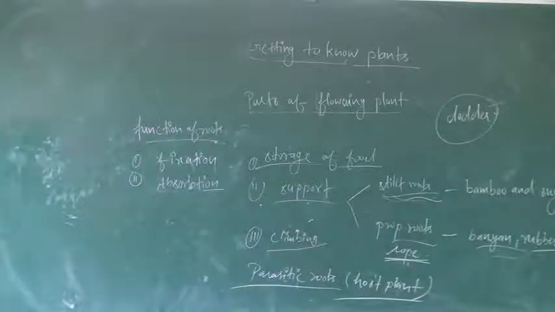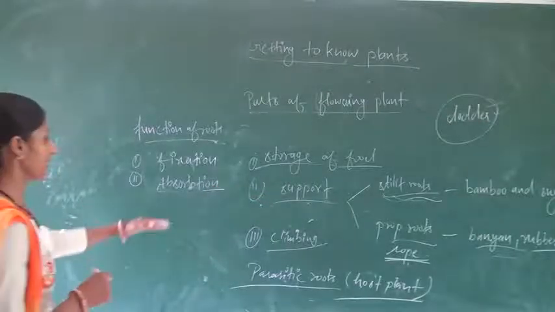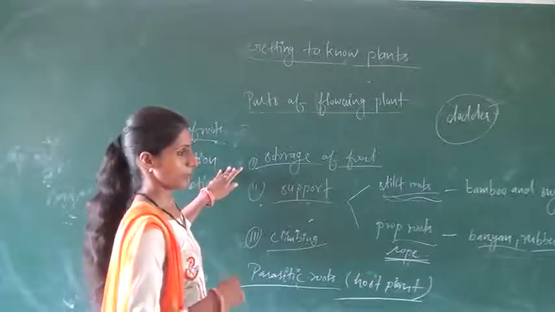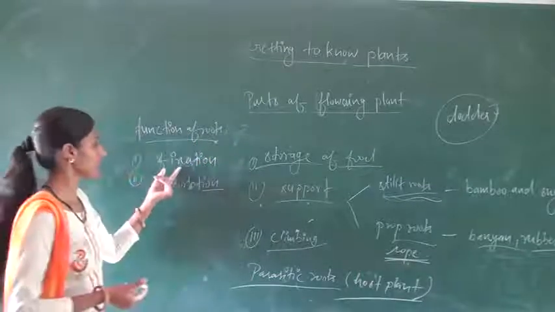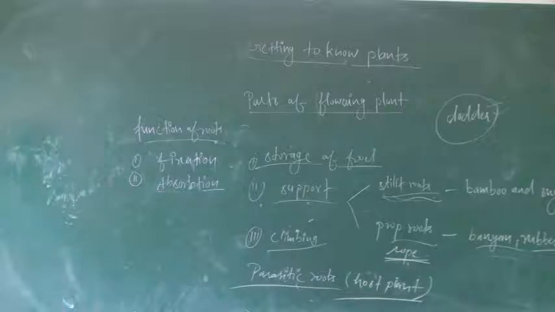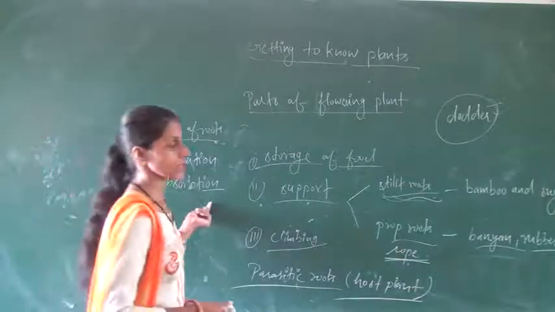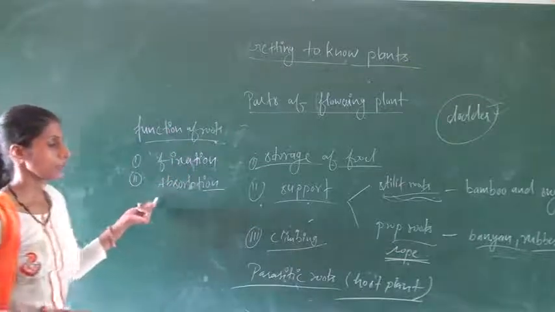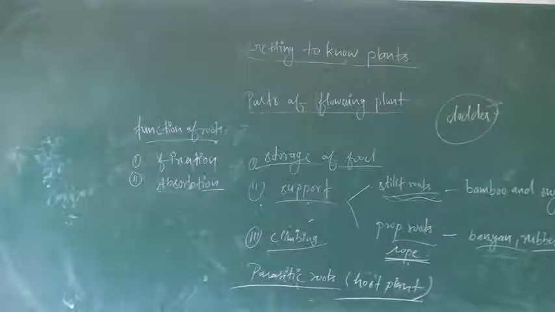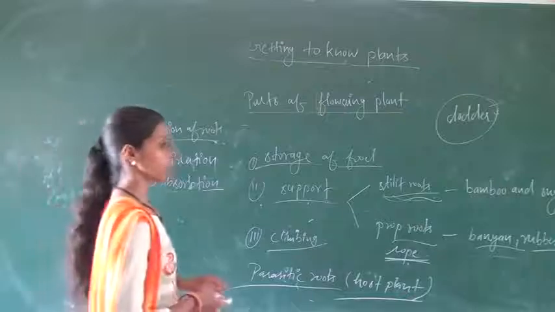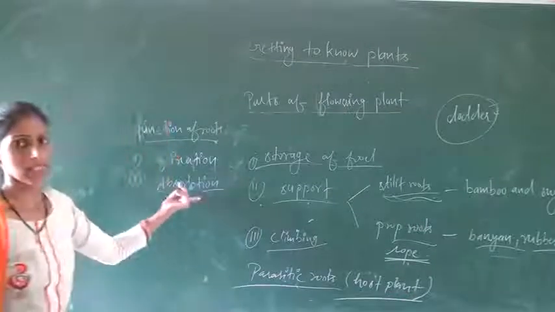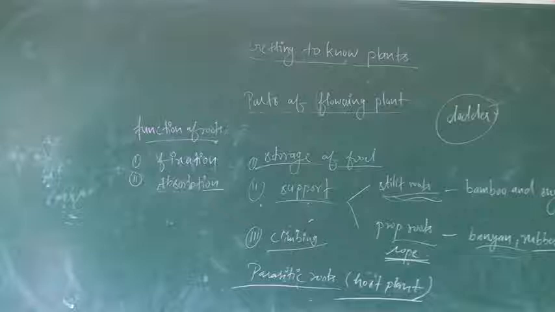Fixation means it fixes the plant into the soil. Roots fix the plants into the soil, and absorption, root hair help in absorption of water and minerals from the soil, and the growth and development of the plant takes place with the help of the root system.